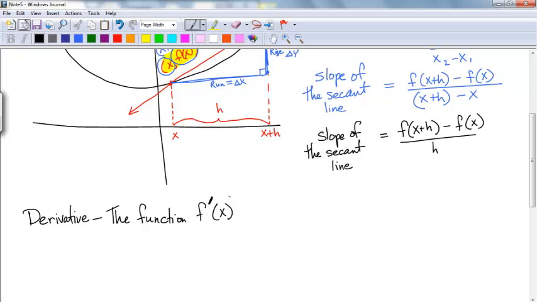You might want to write down how you read it. You read it f prime of x.